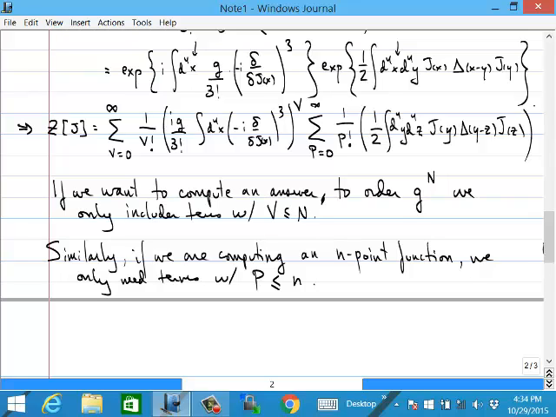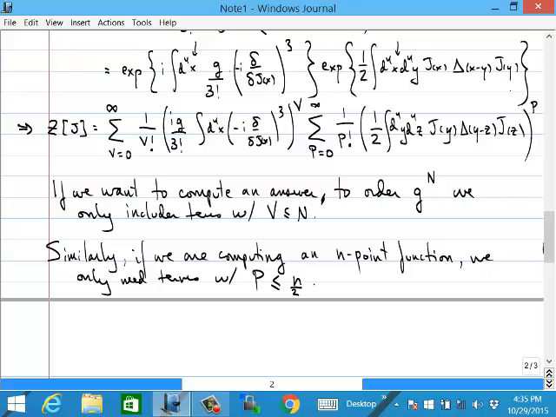Oh, I'm sorry, to the p power. Thank you. Good. Sorry about that. Right? Because if you want to compute, say, a 4-point function, phi at x1, phi at x2, phi at x3, phi at x4, then you need to take this partition function and expand it to fourth order in j. And the only terms that you'll get that are fourth order in j or lower order in j will come from the terms where p is less than n over 2 here.